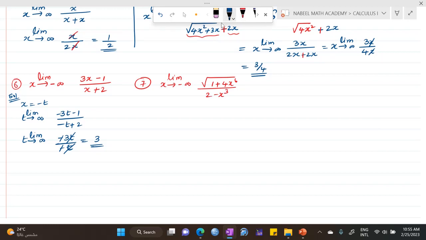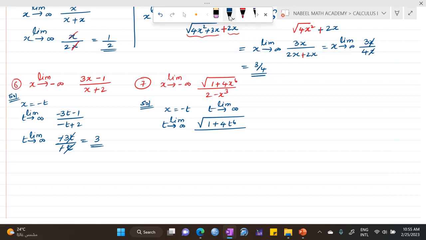Since it is given as minus infinity, I have to convert in t. So x equals minus t and t approaches plus infinity. So what happened? This given function becomes, t approaches plus infinity, square root of 1 plus 4 times t⁶ as it is.